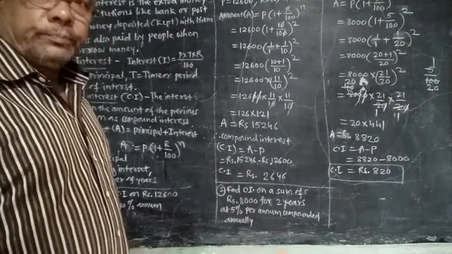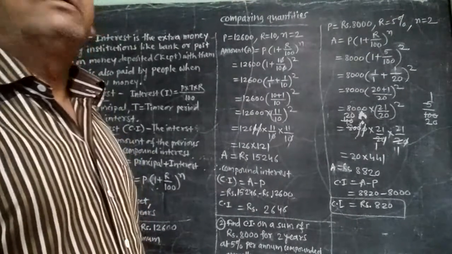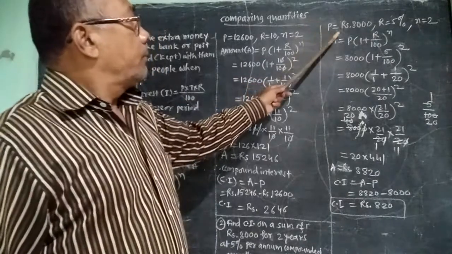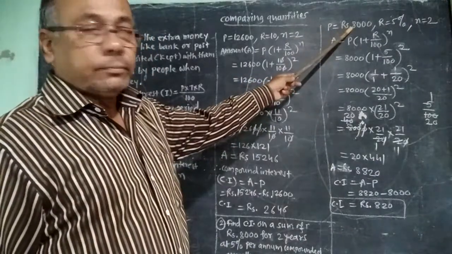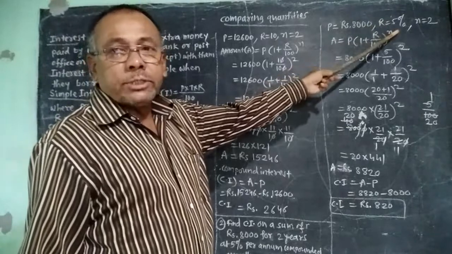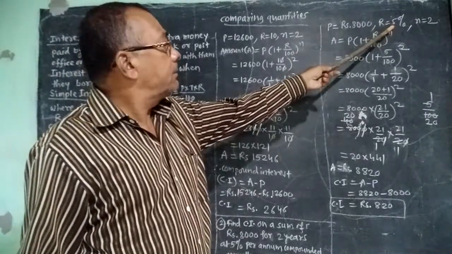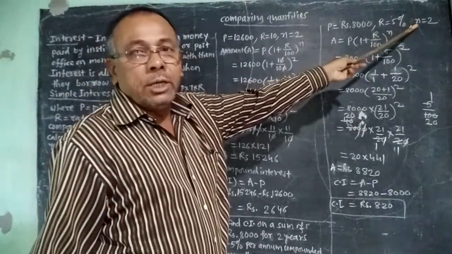Now here in this example, it is given that P is equal to rupees 8,000, R is 5%, means rate of interest is 5%, and N is equal to 2.